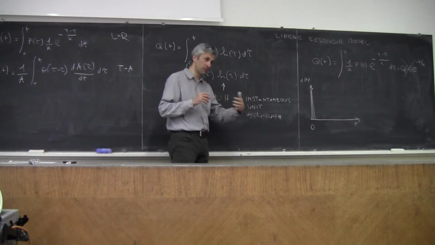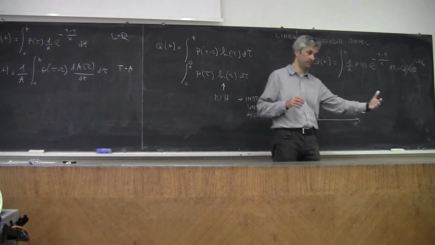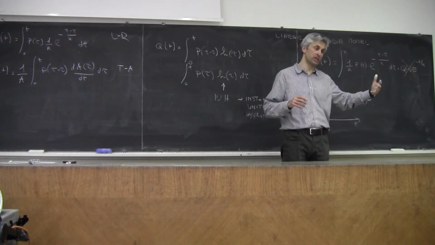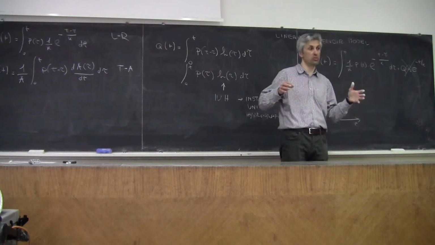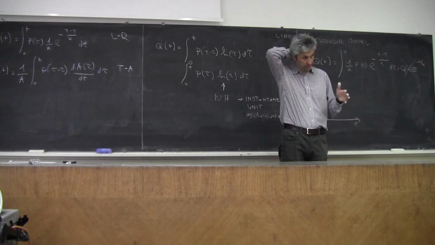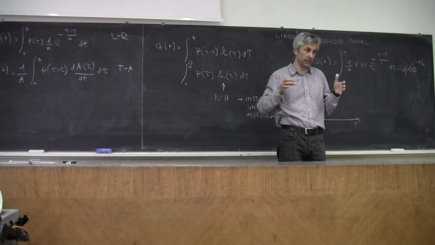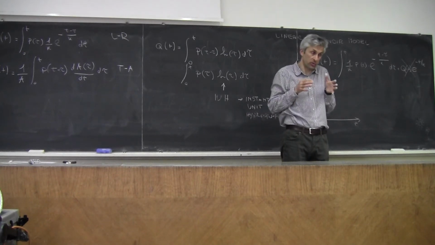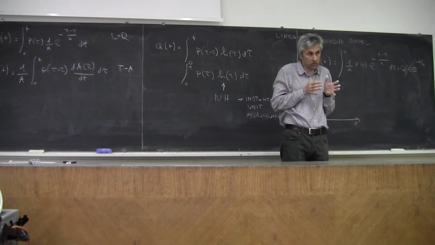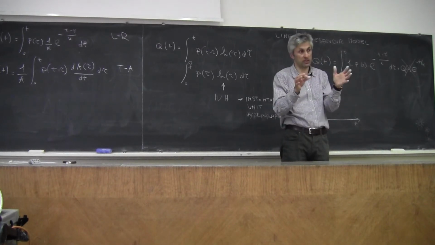Then you get a response from the catchment. So in this case, unit volume means, for instance, 1 cubic meter of rainfall. And then, if this rainfall lasts for a time that is tending to 0, then you get a response from the catchment.